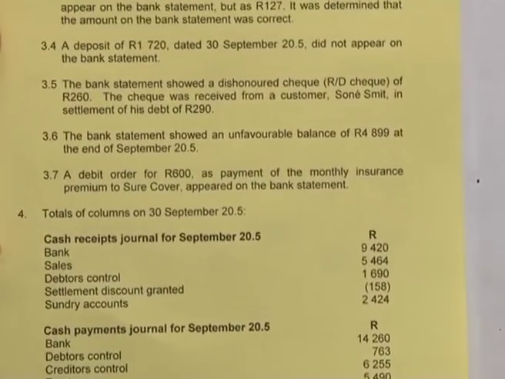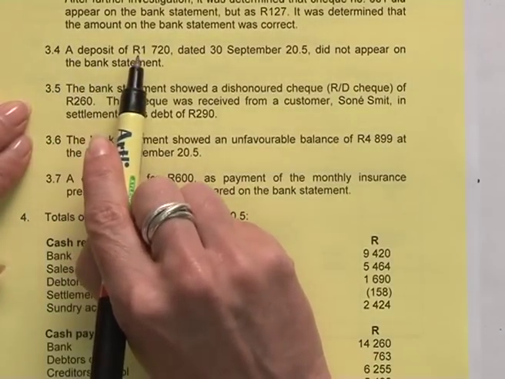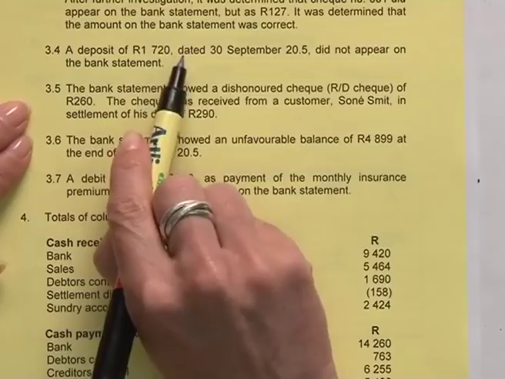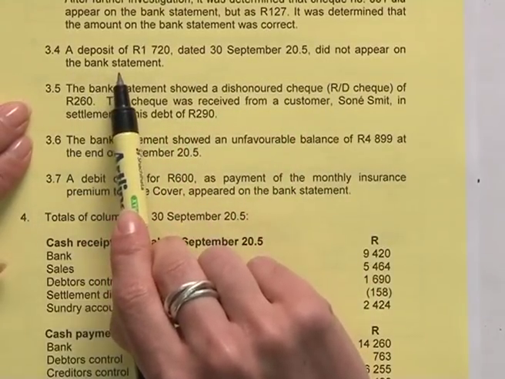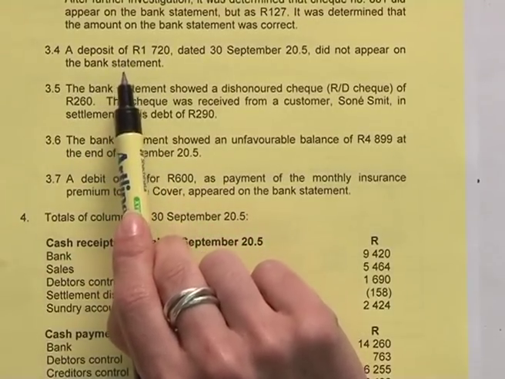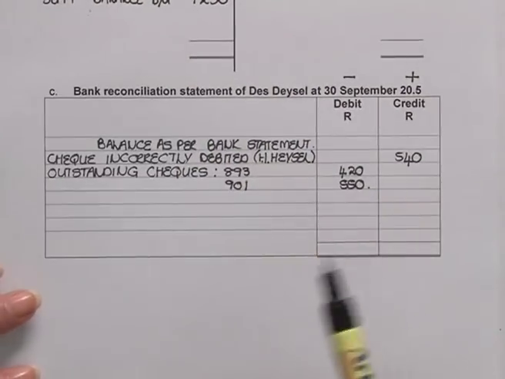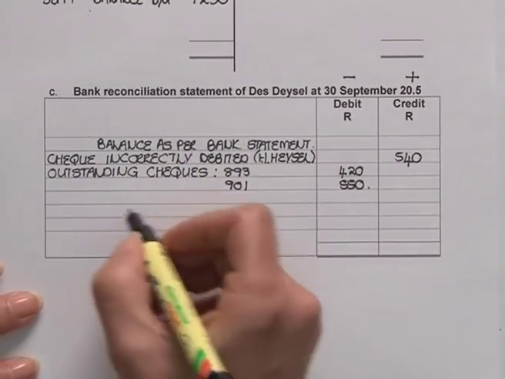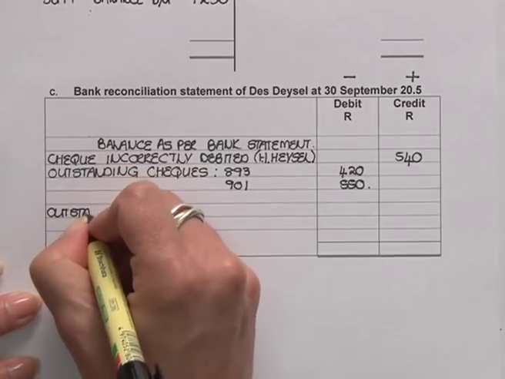Back to our question. In 3.4, a deposit of 1,720 dated 30 September did not appear on the bank statement. So again, we knew about it, the bank did not, so we'll have to warn the bank about this omission in the bank reconciliation statement, and we're going to list this as an outstanding deposit.